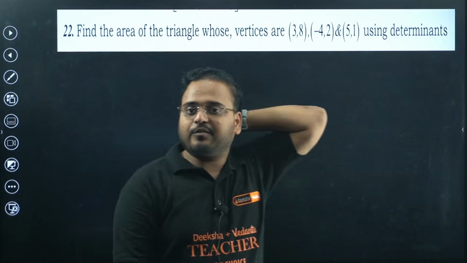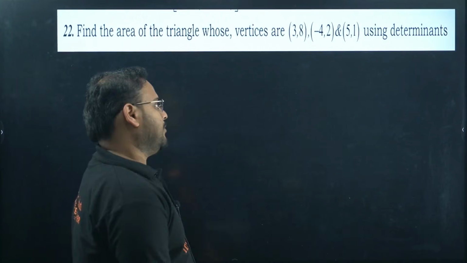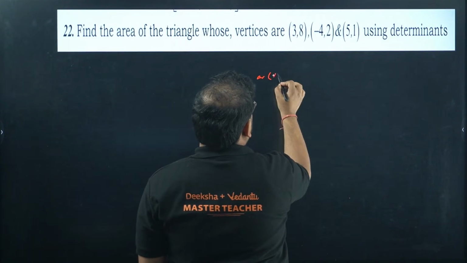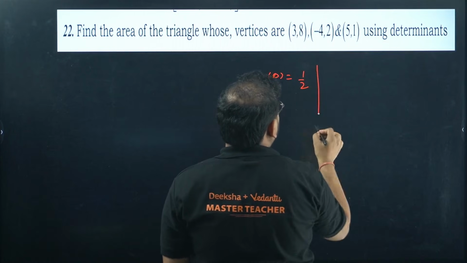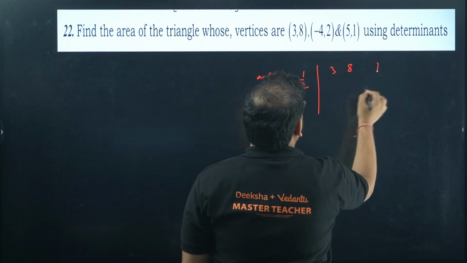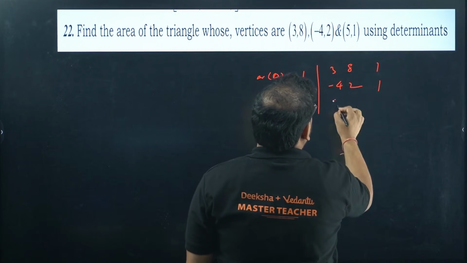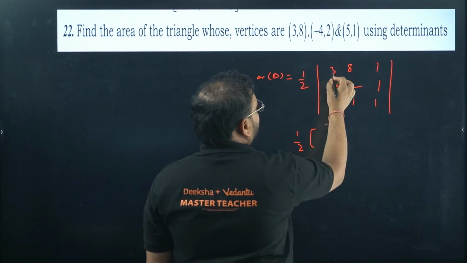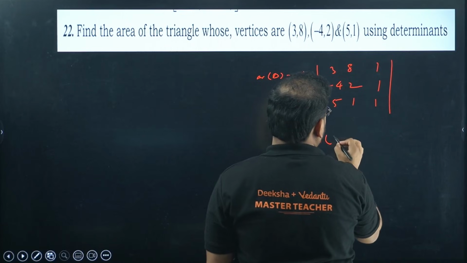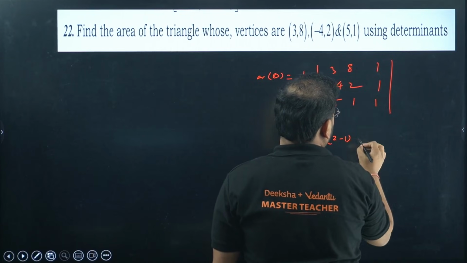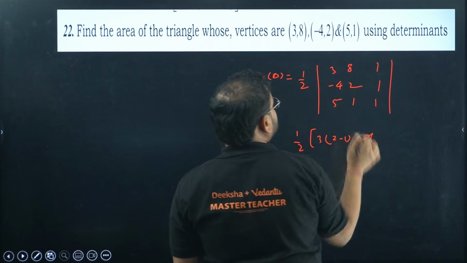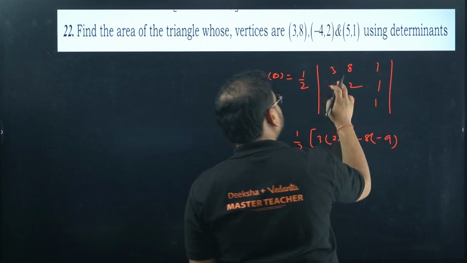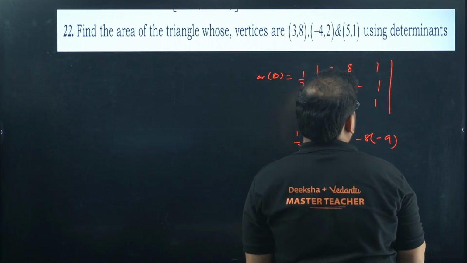Next, find the area of the triangle whose vertices are given like this using determinants. Area of a triangle is given by 1 by 2, determinant of 3, 8, 1; minus 4, 2, 1; 5, 1, 1. Go ahead with 3. What do I have? 2 minus 1, with minus 8 what I have over here is cancelled, and I get minus 4 and minus 5, so minus 9.